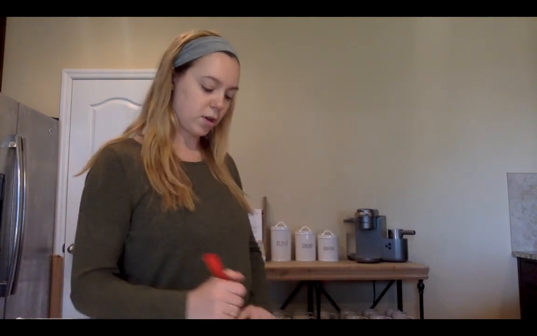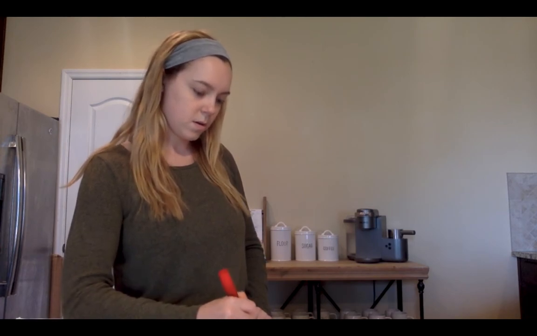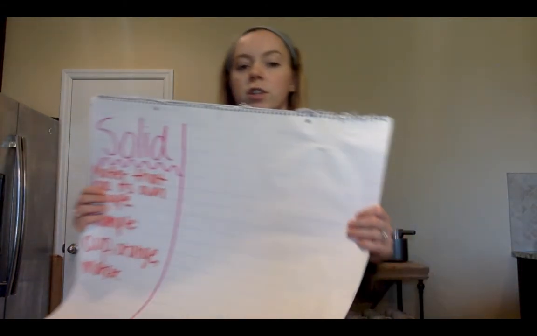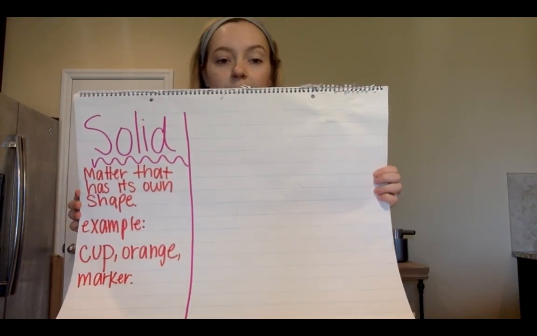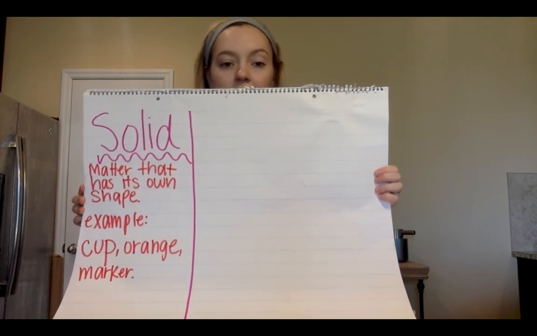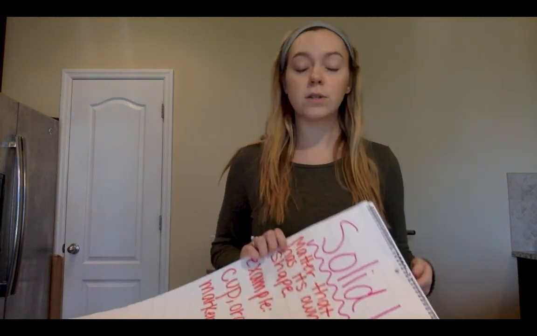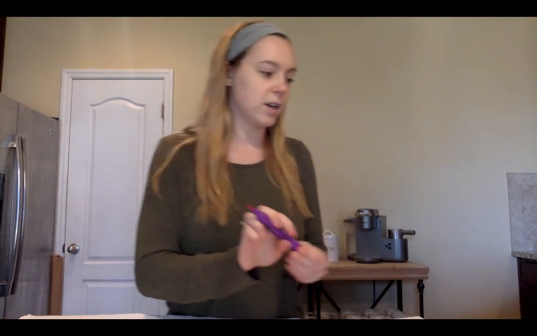And my marker's a solid. Good. So I'm going to show this to you guys. Once again, I'm going to show an electronic version as well. But a solid is matter that has its own shape. An example would be a cup, an orange that you eat, or a marker. Beautiful. So my next state of matter is a liquid.